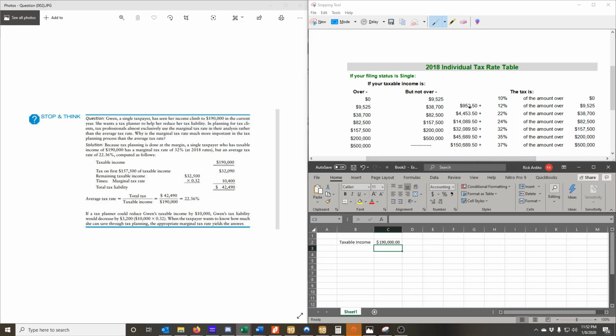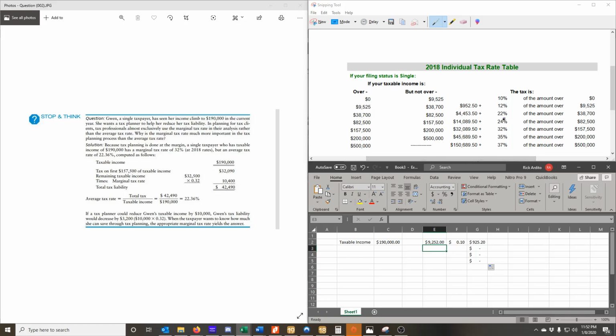If we looked at each one of these, we would see 10% of 9525. So 9525 times 0.10 equals, so that's how much she would pay on that income. I'm going to drag this formula down so it will continue to plug in as we plug in other numbers. Now we have our next step.